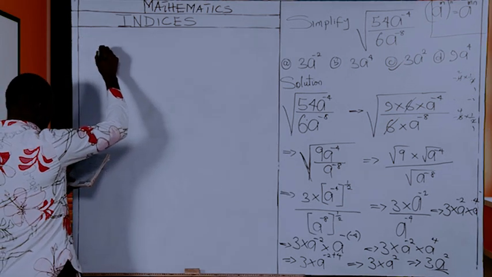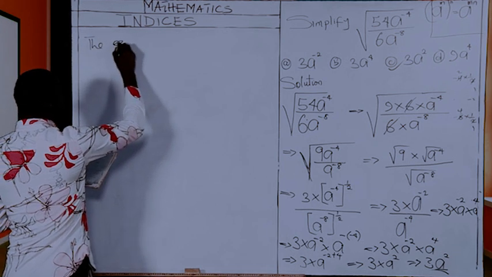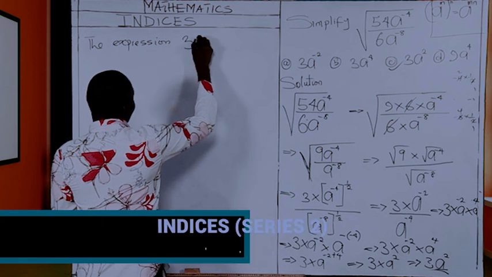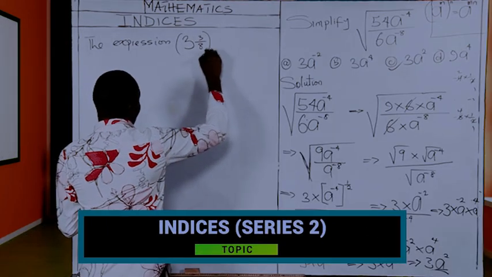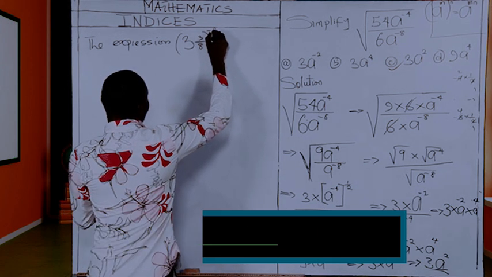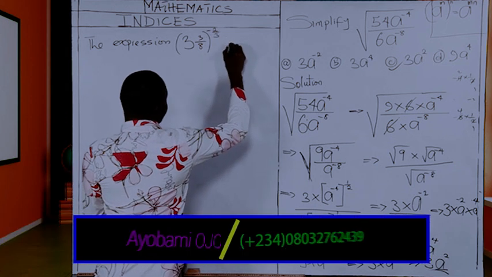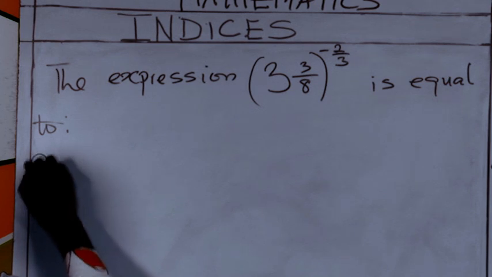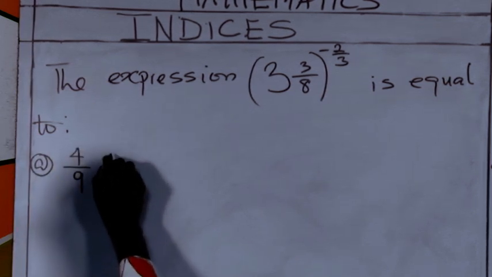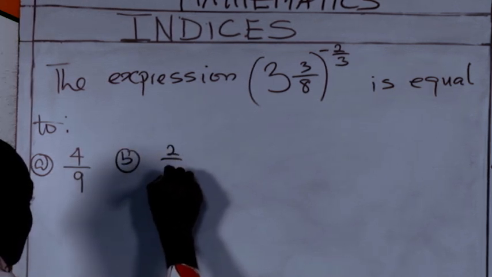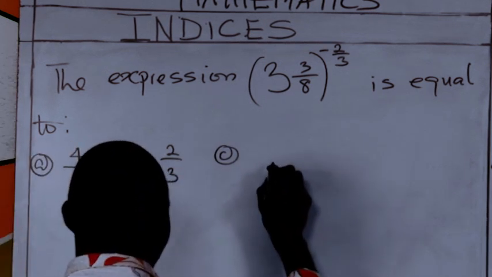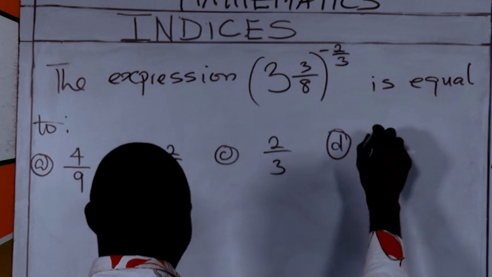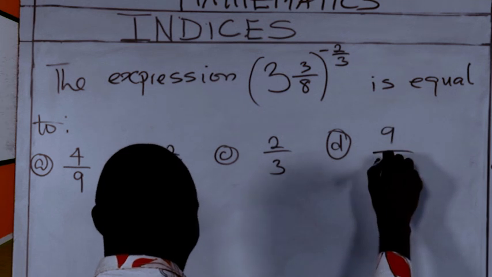We have the expression 3 whole number 3 over 8, all raised to the power of minus 2 over 3, is equal to: A 4 over 9, B 2 over 3, C 2 over 3, D 9 over 4.